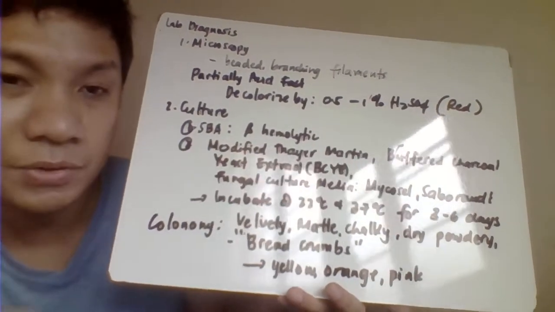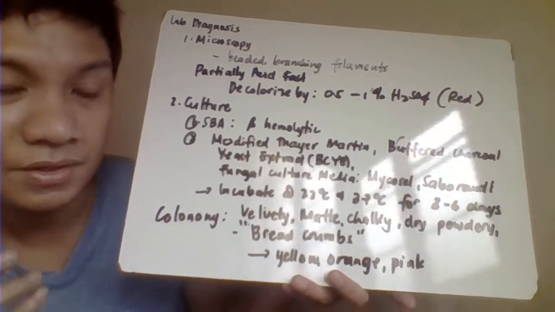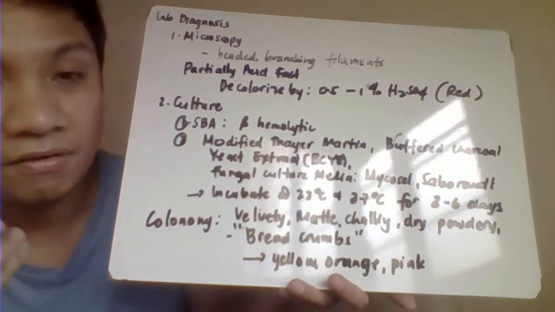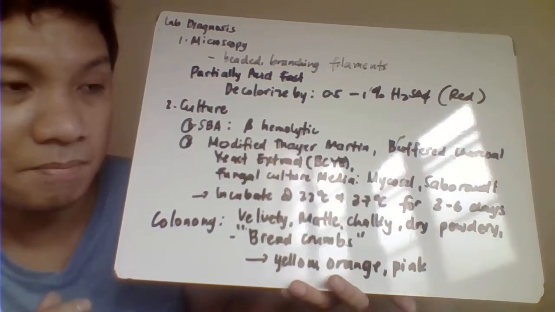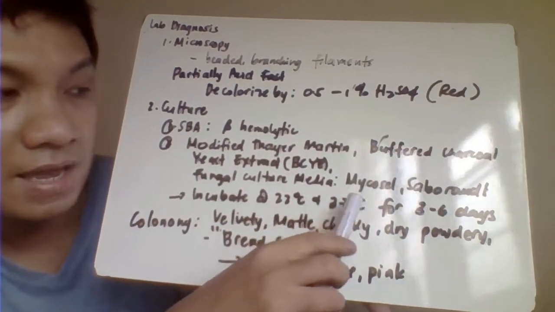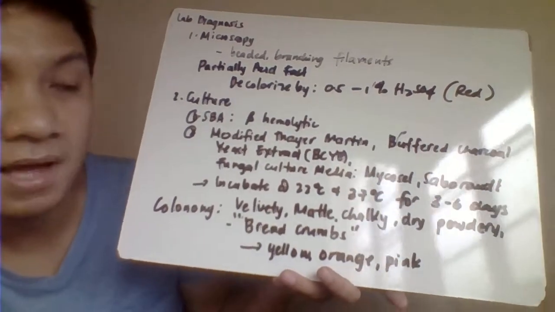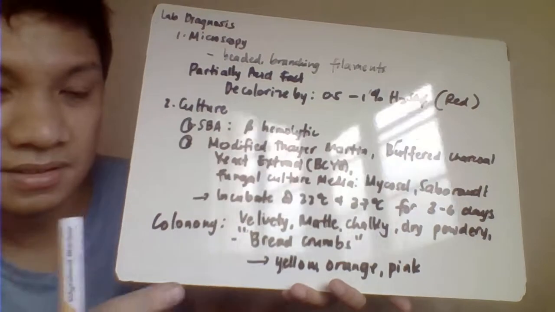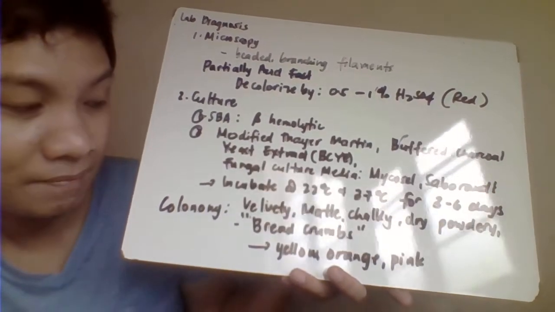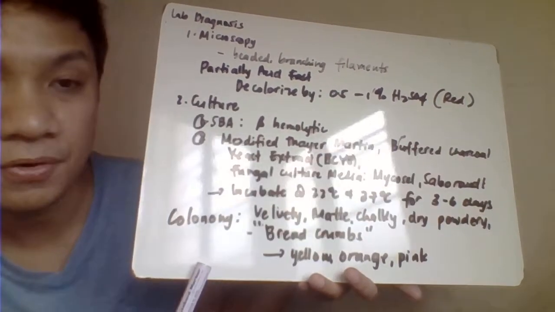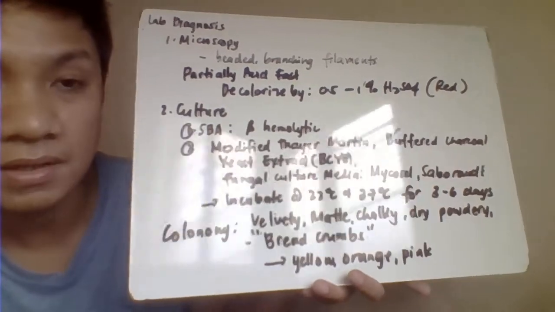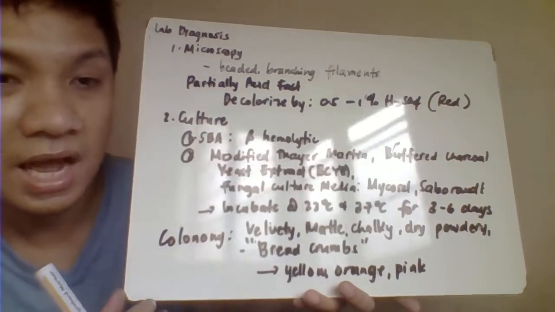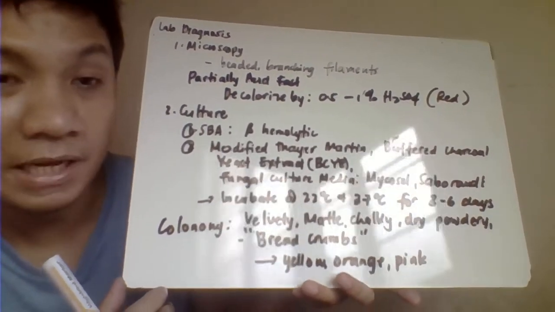Ano naman magiging itsura niya sa culture media natin? So parang fungal-like ang kanyang characteristic. It appears to be velvety, matte, chalky, dry, powdery. So parang siyang breadcrumbs. So parang siyang fungi natin. That one we're able to grow at 22 and 37 degrees Celsius incubation, for 3 to 6 days. Medyo matagal siya mag-grow.